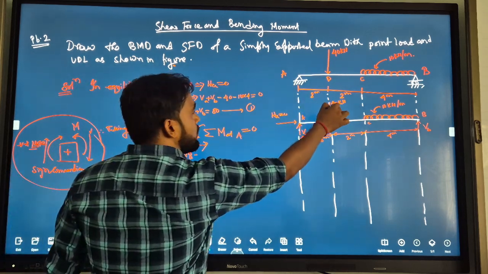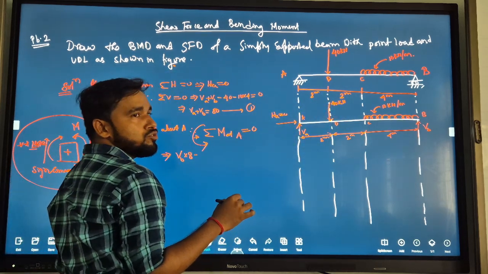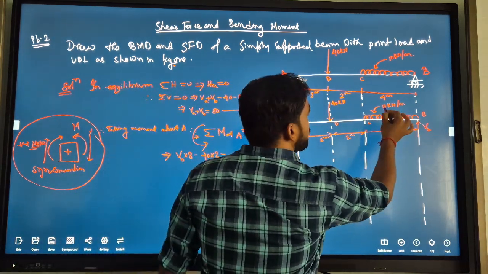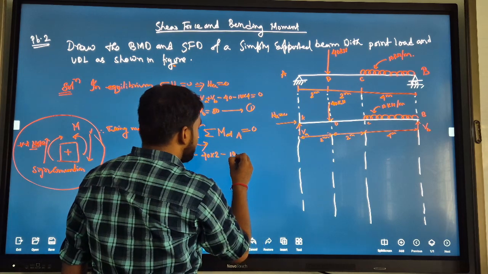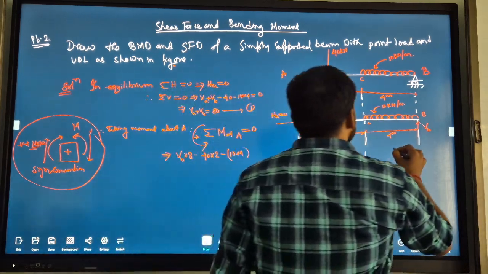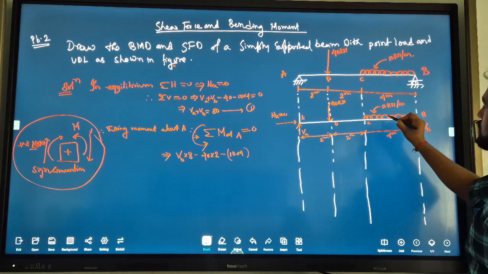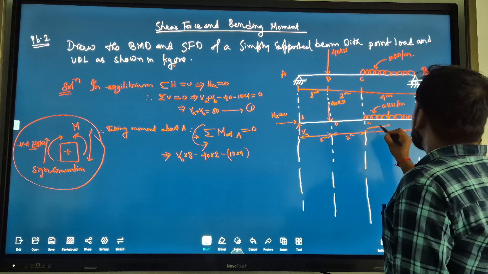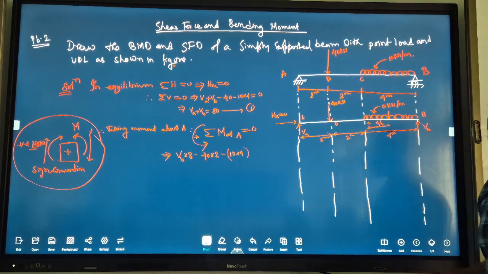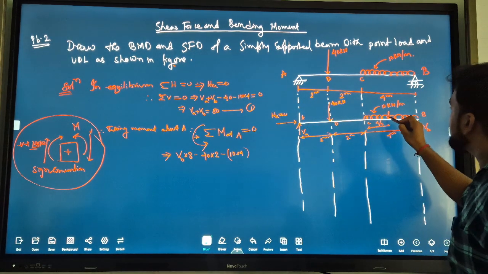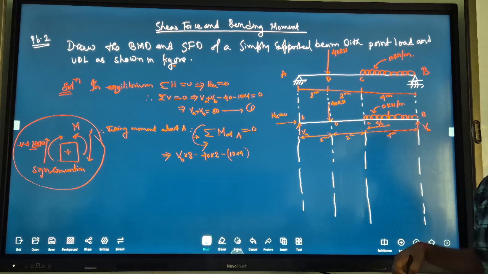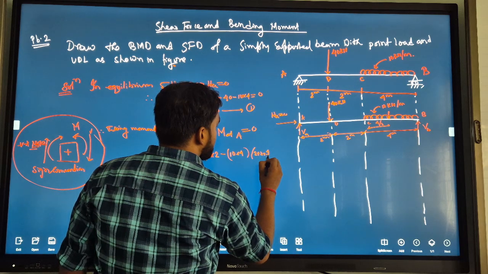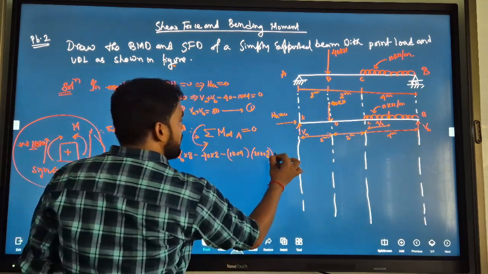Minus for the 40 kN point load, moment becomes 40 into 2. For this UDL, force is 10 into 4, and the resultant of this UDL acts at its CG, that means 4 by 2 distance. So the distance between A and this CG is 2 plus 4 by 2. So this is the equation.